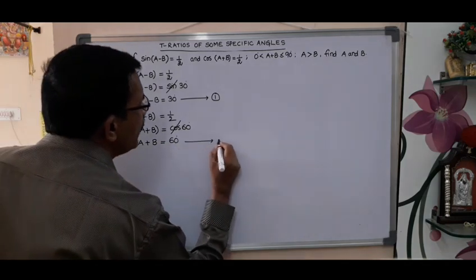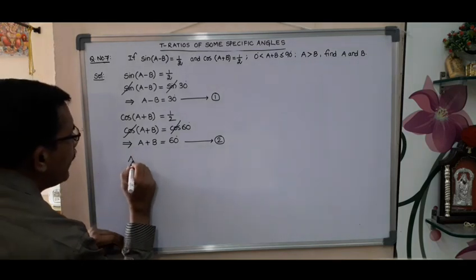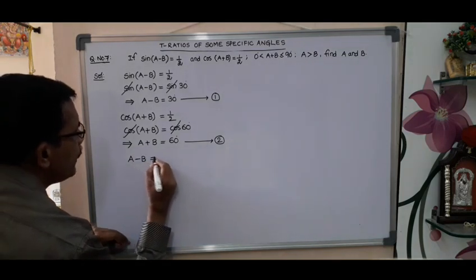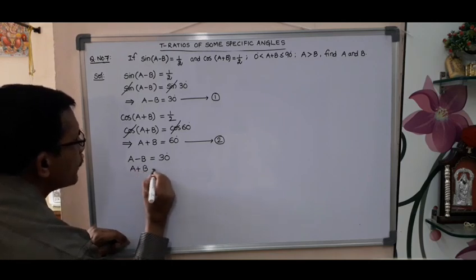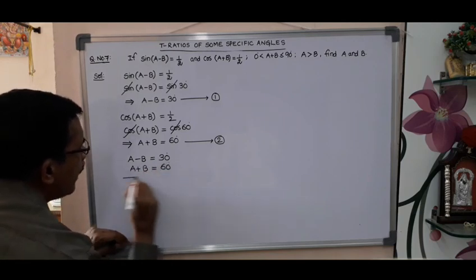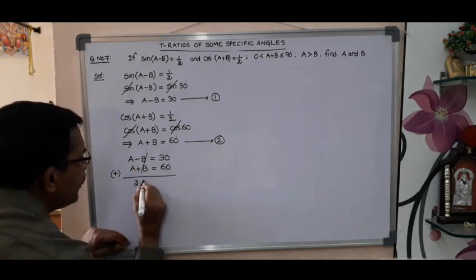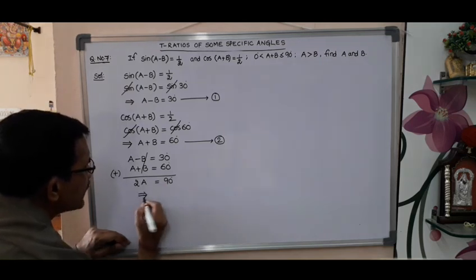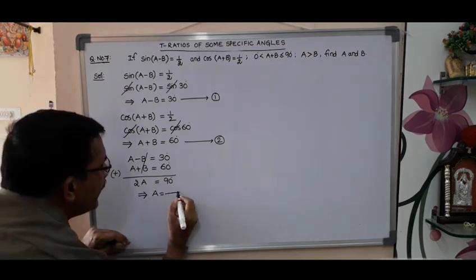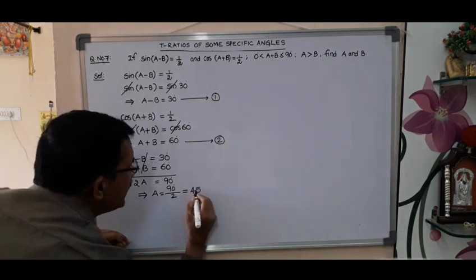Taking it as equation 2. Now solving these two, A - B is equal to 30 degrees, A + B is equal to 60 degrees. Adding both the equations, plus B and minus B will get cancelled. 2A is equal to 90 degrees, so A is equal to 90/2, that is equal to 45 degrees.